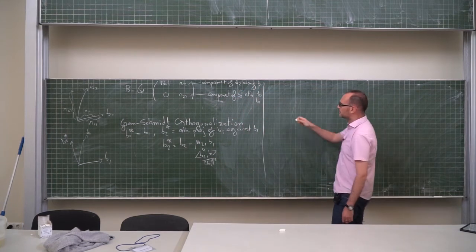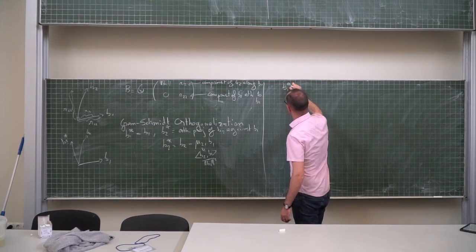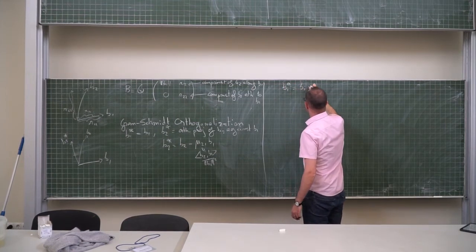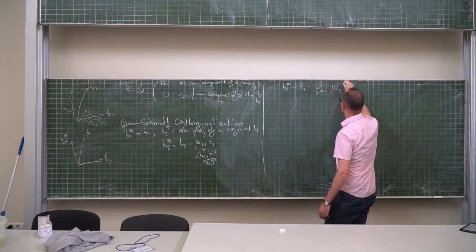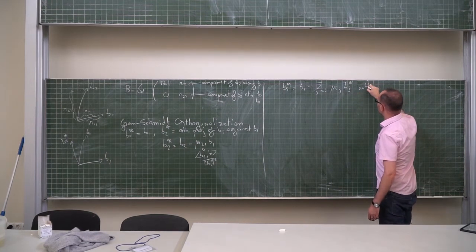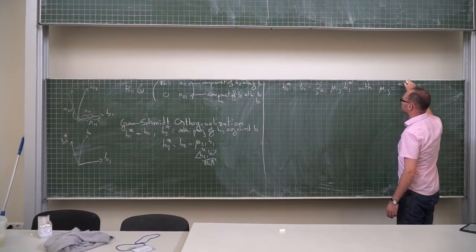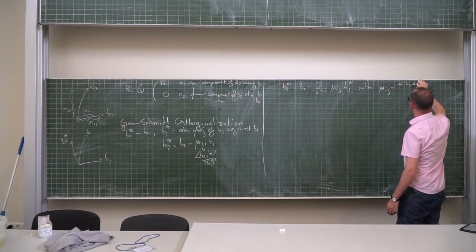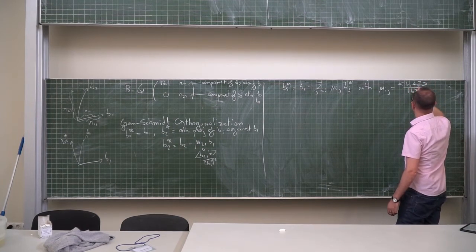Okay, so more generally, you can set Bi star as Bi minus the sum for j smaller than i of the mu ij Bj star, with mu ij equal Bi inner product Bj star divided by Bj star squared.